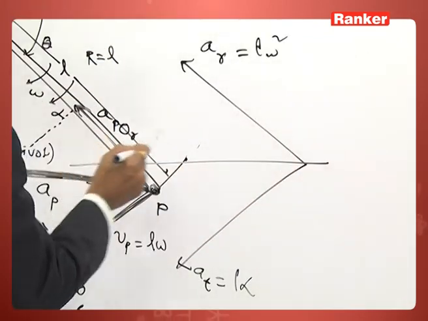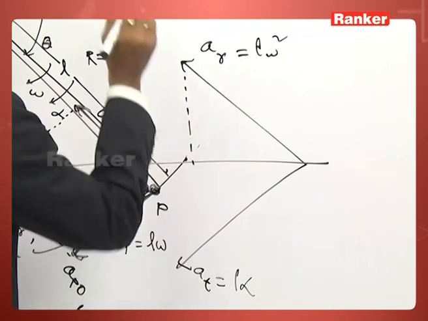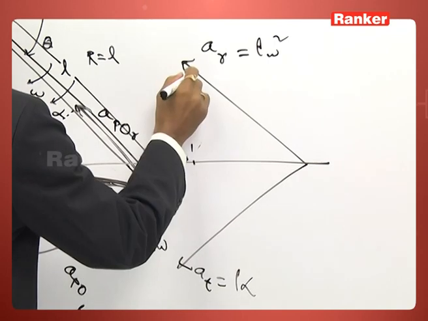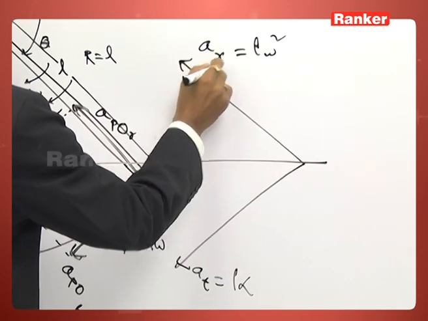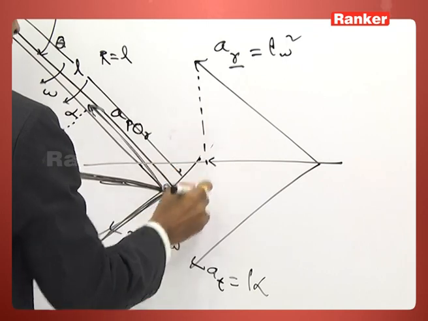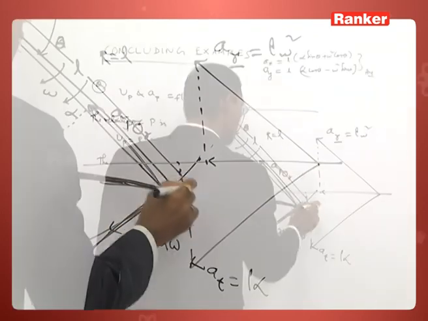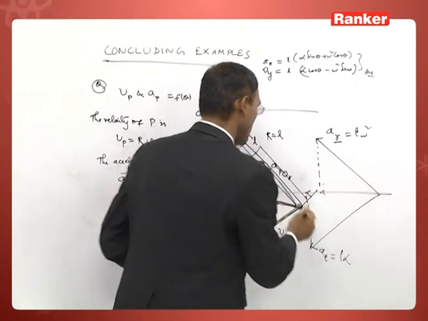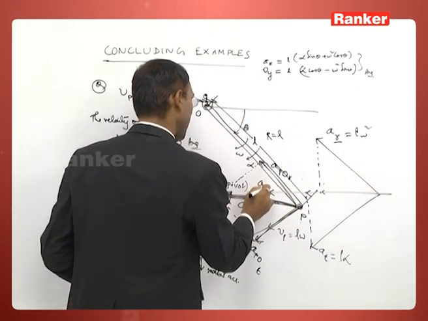The x component of the acceleration of the point P is equal to the component of the a_R along x direction plus component of the a_T along x direction. You add this component with this component, you are getting the a_x.